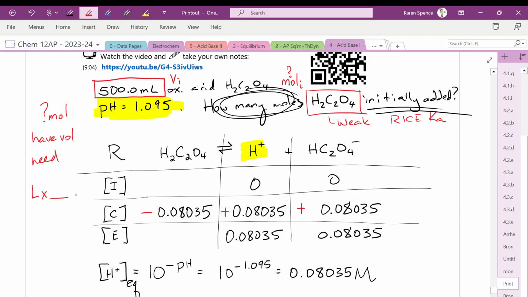I want to find moles. What do I need to multiply by? Moles over liters. So I need the concentration. So this is my unknown right here. This is what I'm looking for. You can call it anything. You can call it X, but people sometimes get messed up with that because we're so used to having X be the change. So sometimes I just like to call it Ci for the initial concentration. Okay.